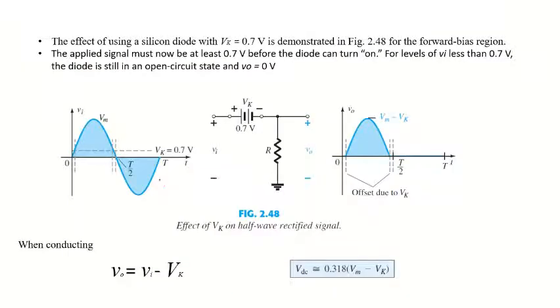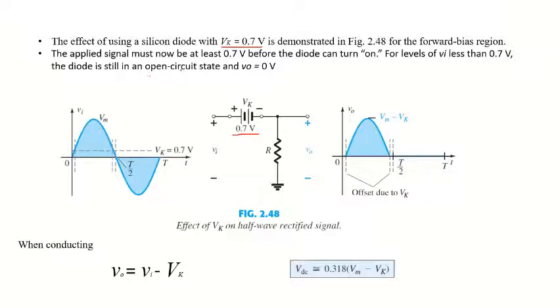Now, replacing the original ideal diode with the standard silicon diode, Vk is equal to 0.7 volts. So we can replace the ideal diode with a silicon diode with a drop of 0.7 volts. This is what we discussed in the last 2 lectures.